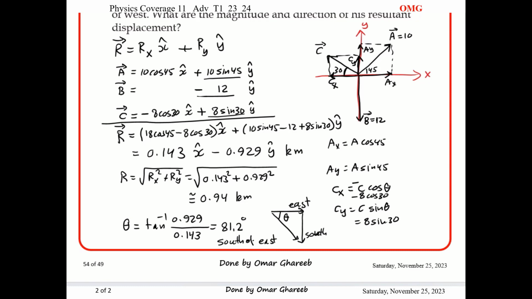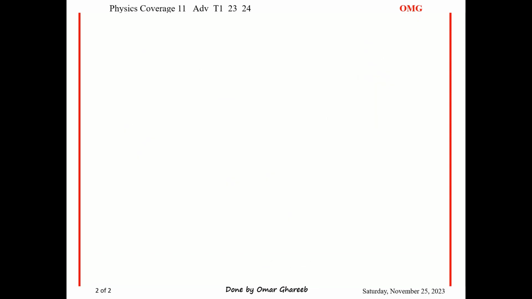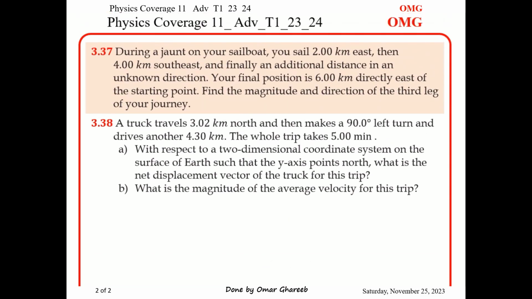Congratulations, the last question. 3.36 is a repeated question. We discussed it before. Now 3.38. A truck travels 3.02 kilometers north and then makes an angle of 90 degrees to the left, and drives another 4.3 kilometers.